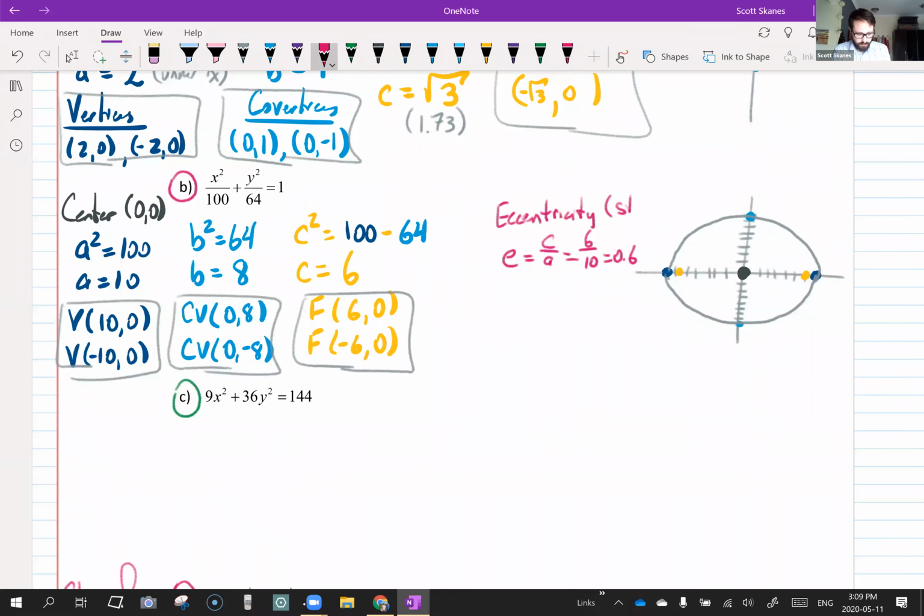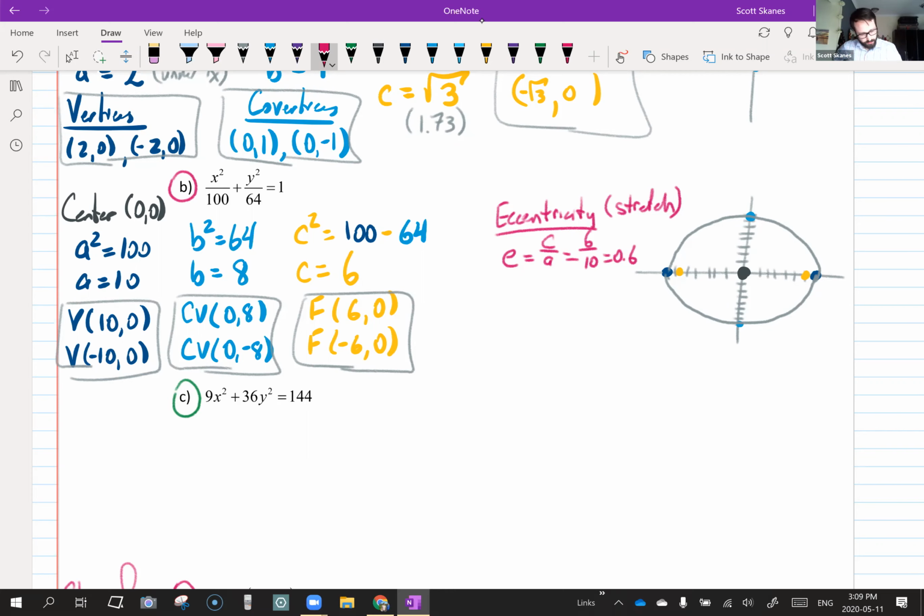It's the kind of stretch. It's like how stretched it is compared to a regular circle. So in this case, it's 60% of a regular circle. It's been squished by 40%. All good?